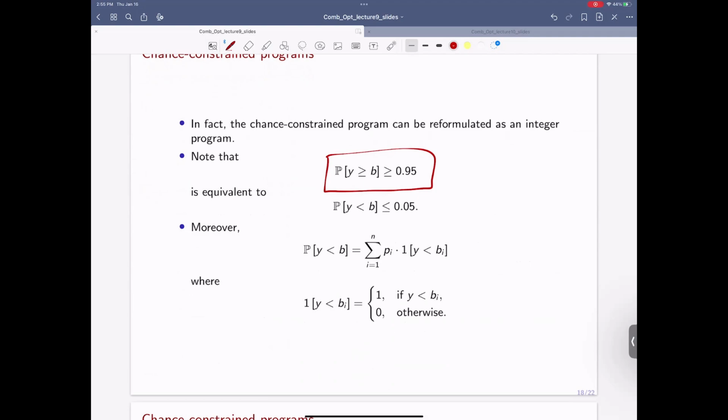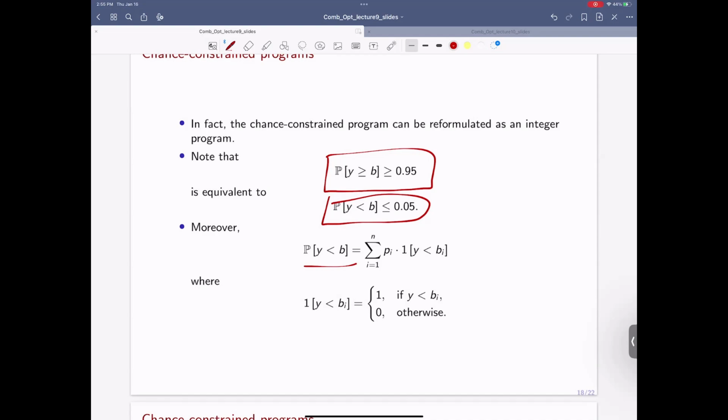Then equivalently, the probability of failure has to be at most 5%. And I can compute the probability of failure by decomposing the random possibility for B into these n possible scenarios.